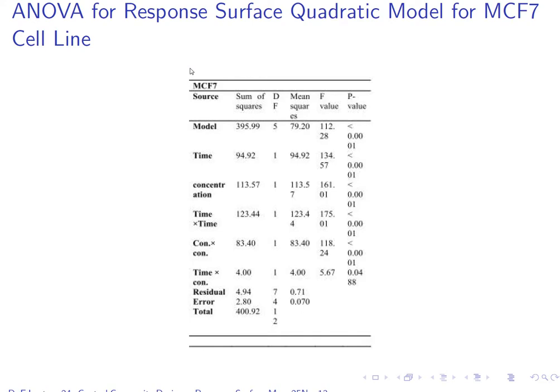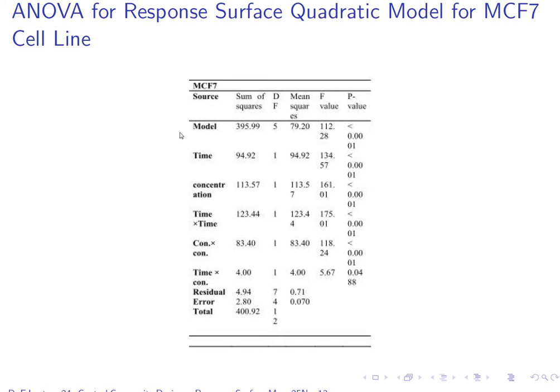This page is a reproduction of the analysis of variance from the actual manuscript. And this is for the cell line MCF7. So the columns are sum of squares, degrees of freedom, mean squared, F value, P value, just as we know, analysis of variance.